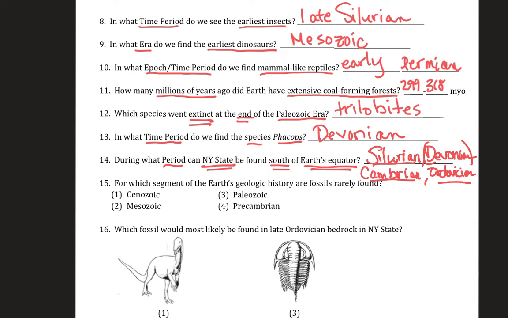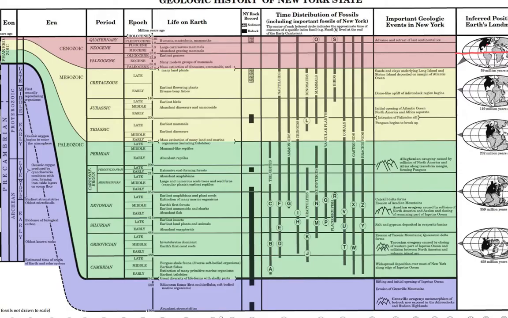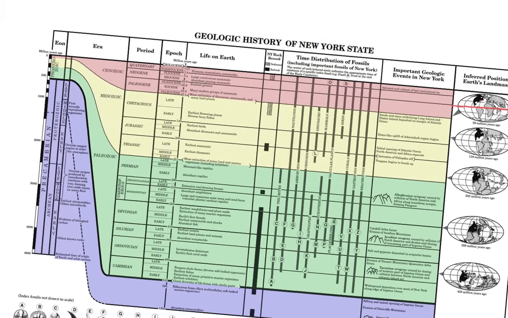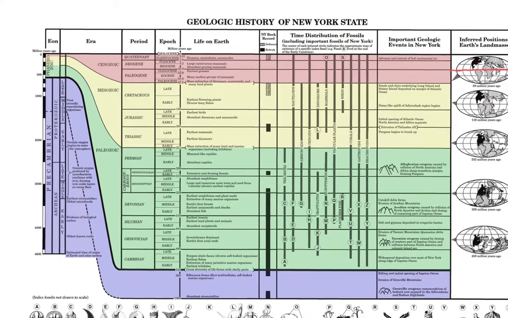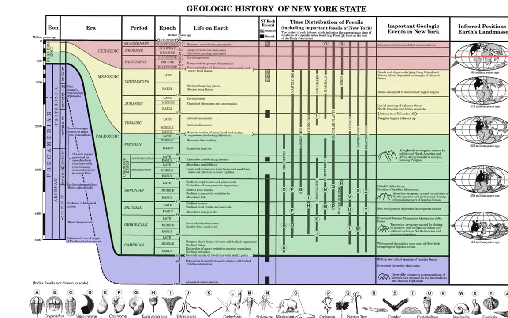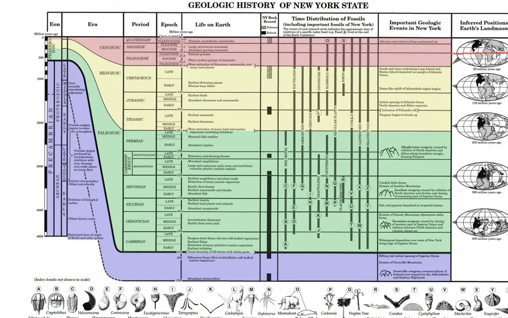Number 15. For which segment of the Earth's geologic history are fossils rarely found? All right, let's take a look. Okay, so here we are at our reference tables. And really, if you remember, I had mentioned that all of the part that is in green, yellow, and red, all of these, this is all of our fossils on our planet, right?